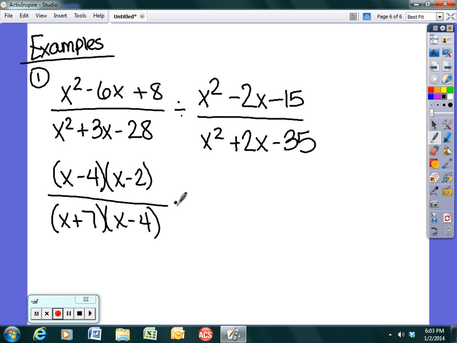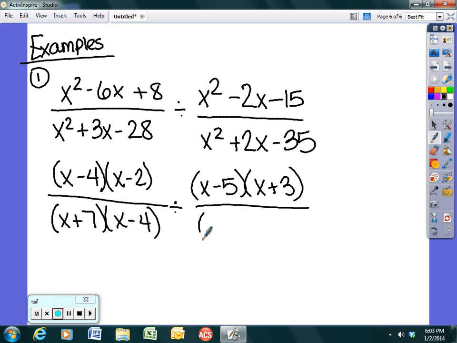X squared minus 2x minus 15 should have factored to be x minus 5 times x plus 3, and x squared plus 2x minus 35 should have factored to be x plus 7 times x minus 5.